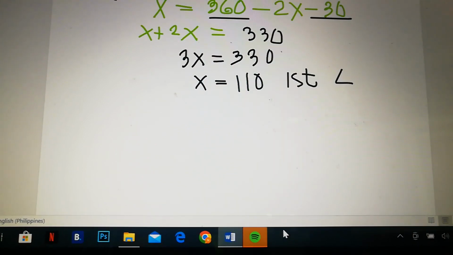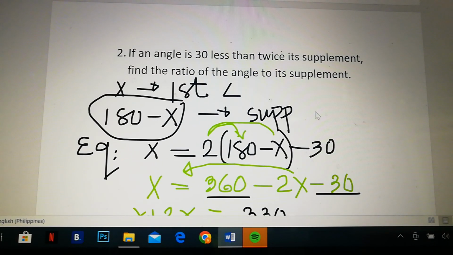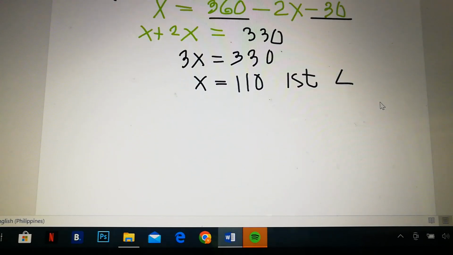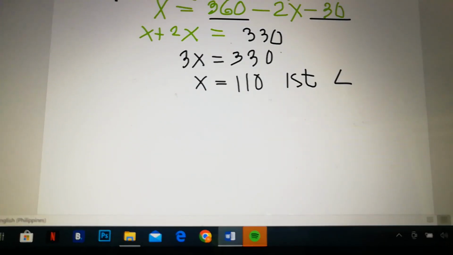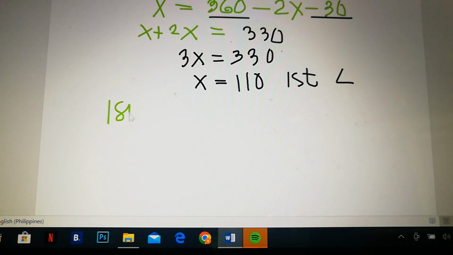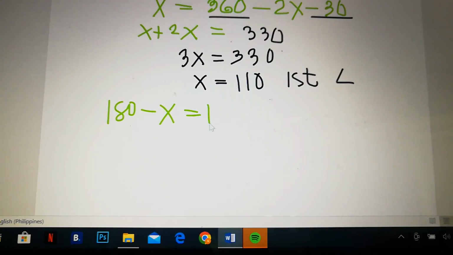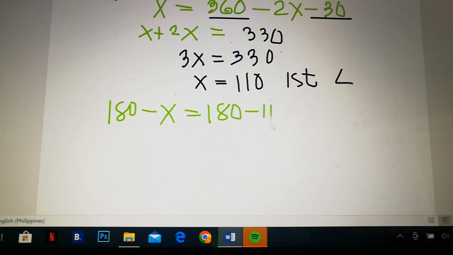Okay, what is the measure of the supplement? You base it on the statement: 180 minus x is the supplement. So replace x by 110: 180 minus 110 equal to 70.